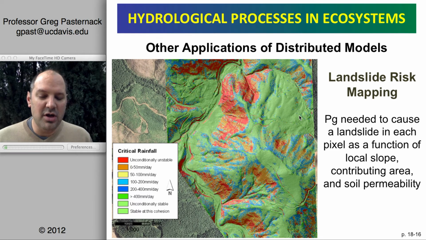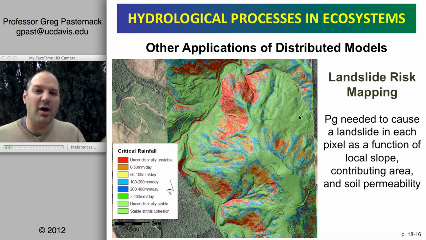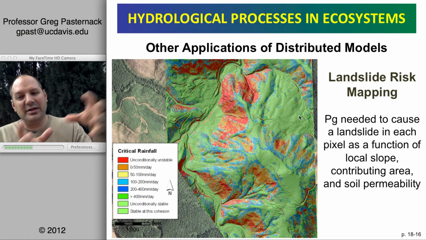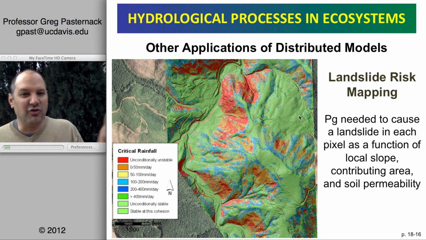For example, one thing we can do in a mountain context is look at the risk of landsliding. Now, landsliding occurs when you have an oversaturation of the soil, given that you have very steeply sloped soils and relatively shallow bedrock, so the soil has a tendency to want to slide, right? You've got the force of gravity driving it down.